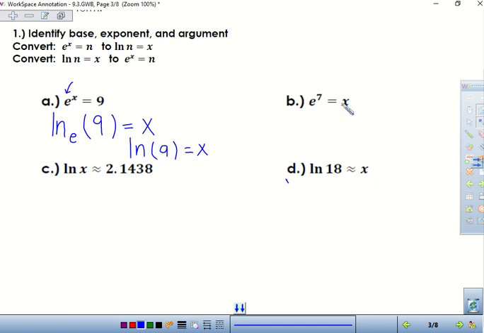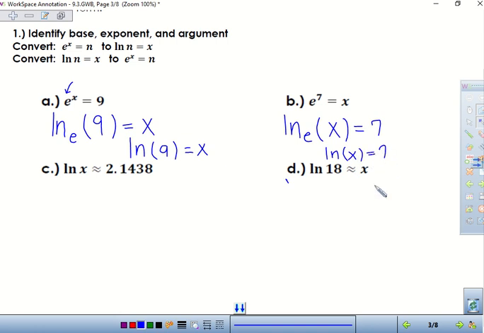So for the next one, we have e to the 7th power is equal to x. So now we're going to convert it once again. It's going to be ln base e of what? Of x equals 7. So that's how you would convert it from exponential to logarithmic form, just like before. And once again, like I said, you don't have to write the e in because it's redundant.